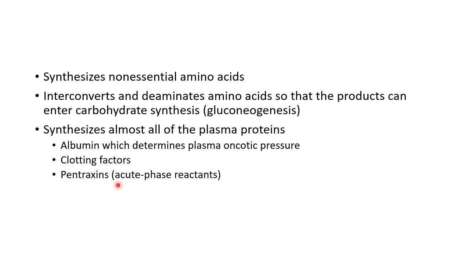And so, isa pang clinical application, the immunophenotype of a patient who has end-stage liver disease can be erratic. Pwede na meron silang severe inflammation or infection ongoing pero wala kang makikitang increase in C-reactive protein kasi wala ngang function yung hepatocyte in synthesizing the pentraxins.